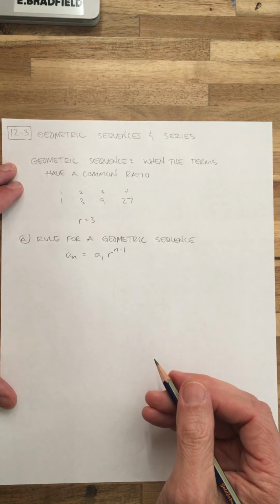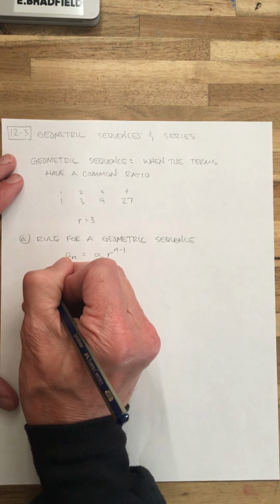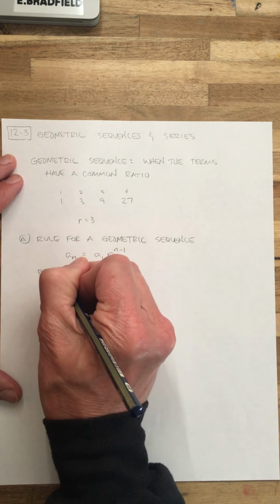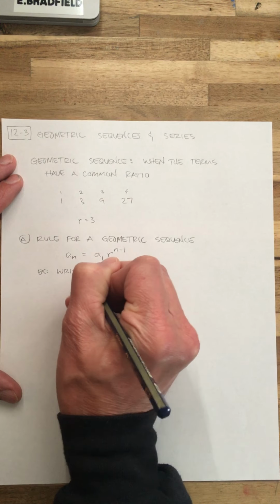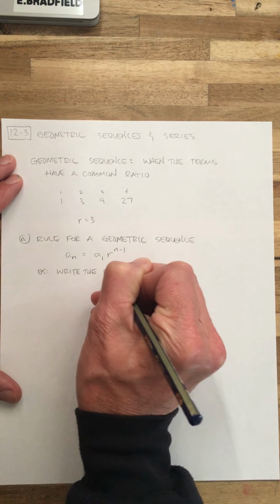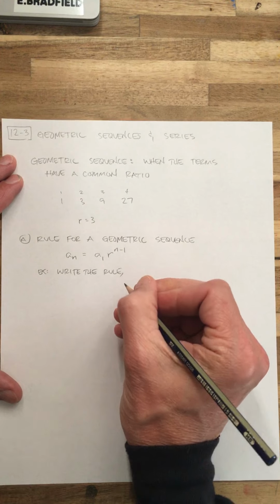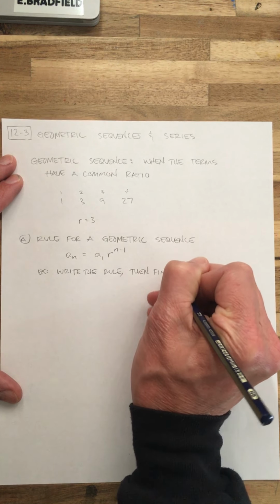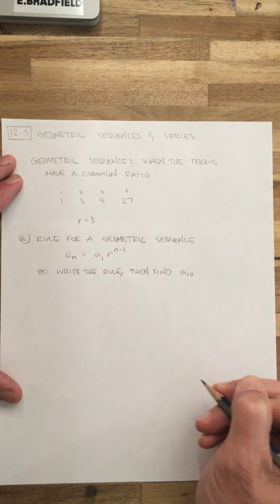So there's your rule. Let me give you an example. Write the rule, then find the 10th term, a sub 10.